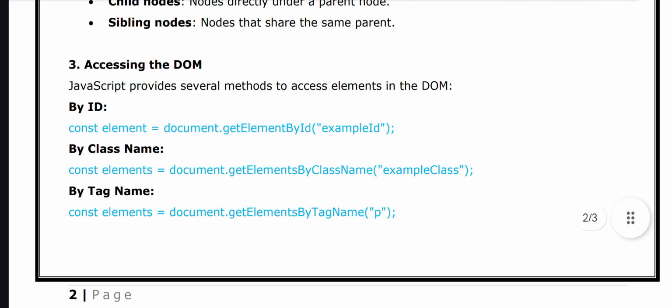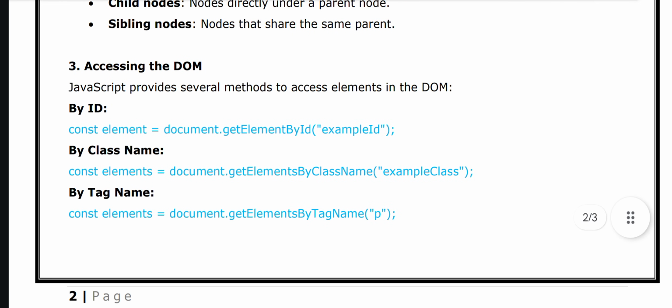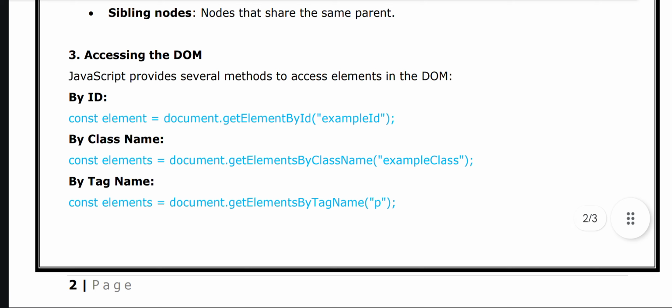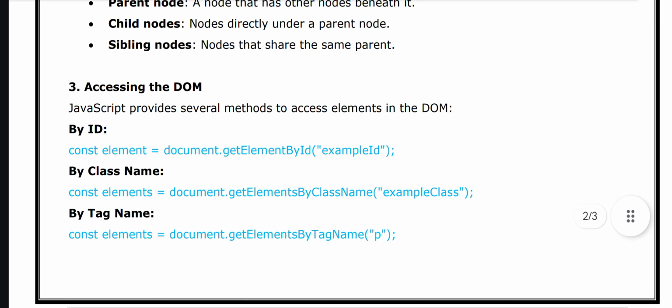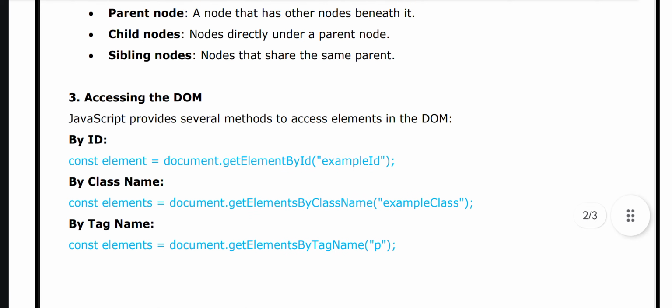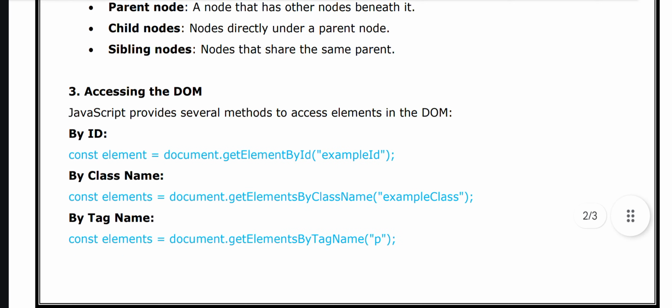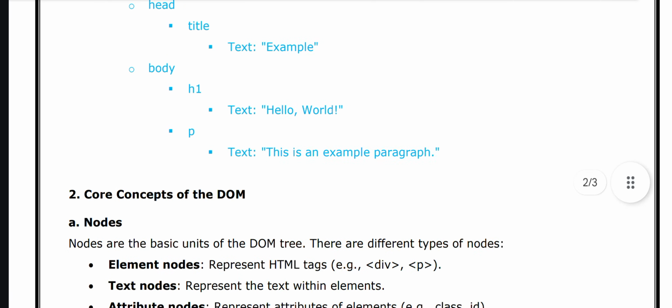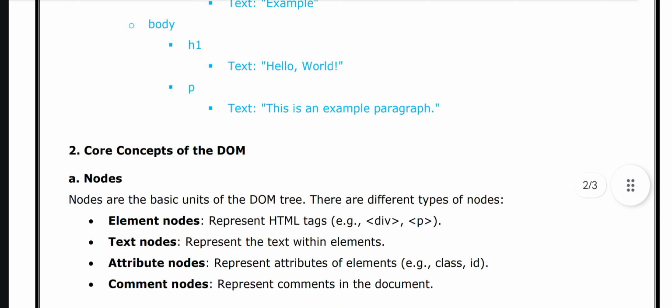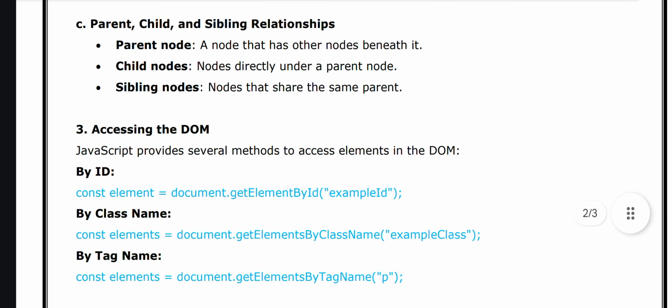Accessing the DOM. We can access the DOM using various techniques, like by ID. Here we create an element variable and get the element by ID. We can use the getElementById method to select the element by giving the attribute ID. Let's suppose for the h1 we give the attribute id equal to example id.